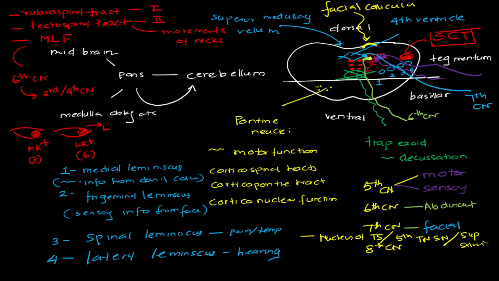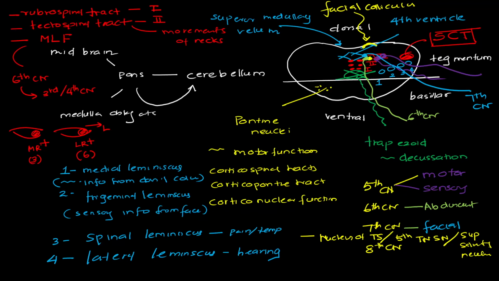What does this do? Now the facial nerve has fibers of all these. The superior salivatory nucleus is of parasympathetic origin. It sends nerve signals to the lacrimal gland, to the mucous glands that are found in the nasal fossa, as well as the salivary glands.